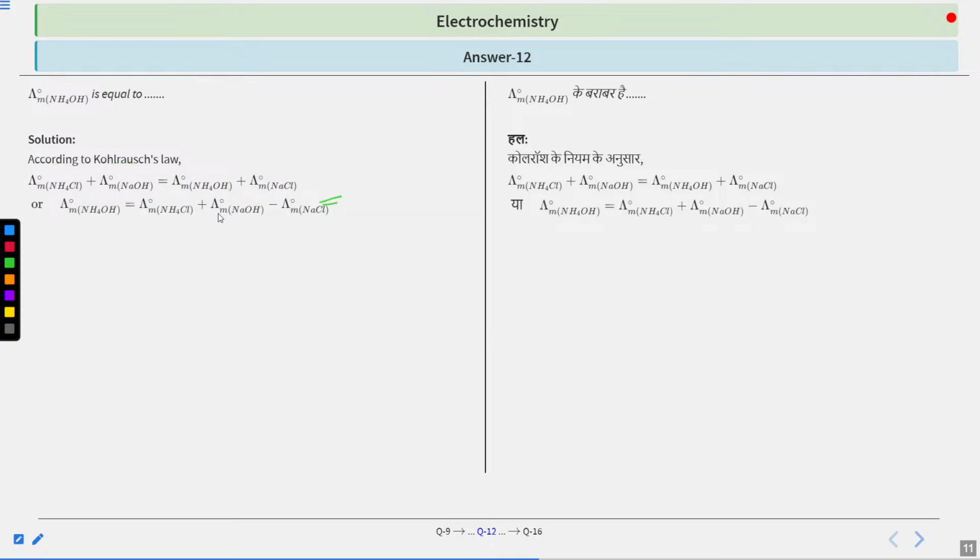If we add this, then Cl and Cl will get cancelled, and Na and Na will get cancelled, because it is the individual contribution from cation and anion. The thing that will be left is lambda naught m of NH4 plus and lambda naught m of OH minus, and that is the thing we were looking for. So your correct answer is this, right? Okay, moving on to the last question for today.